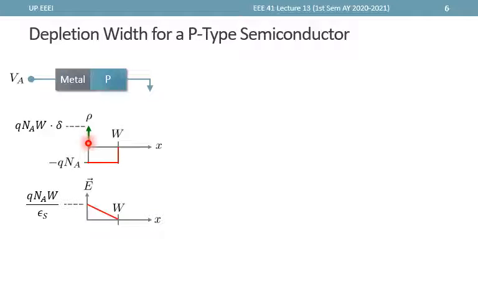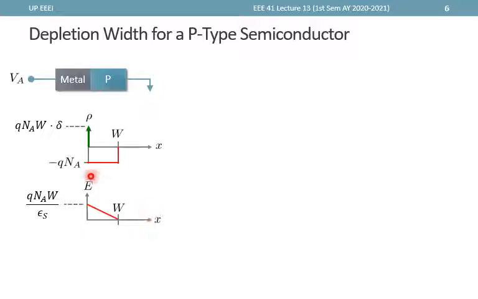If we use Poisson's equation, then we can integrate the charge density to get the electric field. So we'll start at 0, integrate some positive area, and then integrate negative area until we get back to the 0 electric field point.